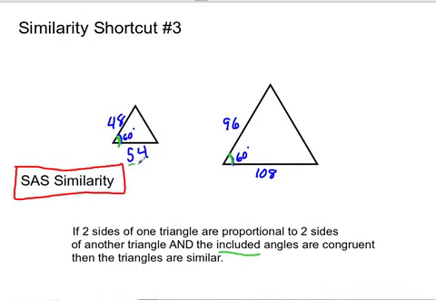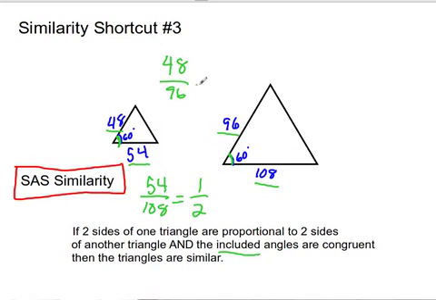Now let's look at the sides, 54 and 108. Now it's not that they are congruent, it's that they are proportional. The ratio between these two is 1/2, and let's check the ratio between this side and this side, 48 over 96, and that is half, and they are the same ratio.